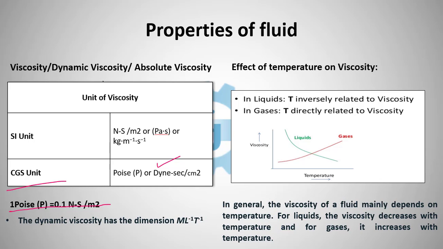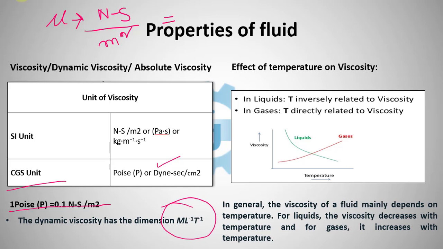Now, what is the dimension of dynamic viscosity or viscosity? The dimension of viscosity is M by LT, or you can say M into L to the power minus 1 into T to the power minus 1. You can ask from where this relationship has come. We know viscosity, mu, unit is Newton second per meter square.